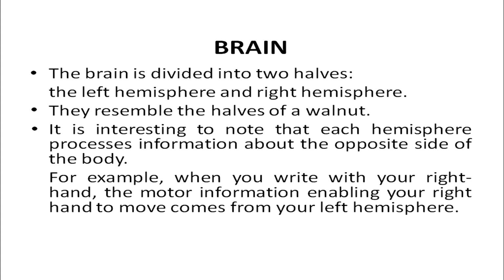It is interesting to note that each hemisphere, that is the left hemisphere and the right hemisphere, processes information about the opposite side of the body. Say for example, when you write with your right hand, that is what we usually do, the motor information enabling your right hand to move comes from your left hemisphere.